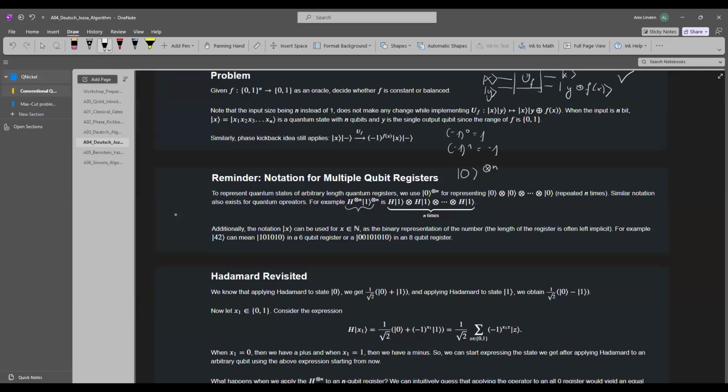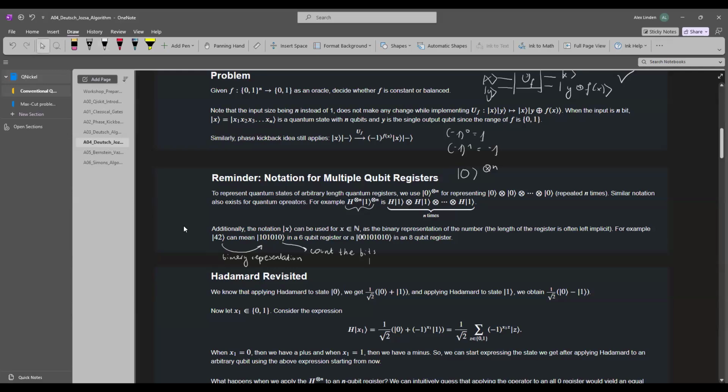And so then if we see this, we have to calculate the binary representation and then count the bits. And this is what it will be in a 6-qubit register, but of course if you have an 8-qubit register, you can put zeros in front.